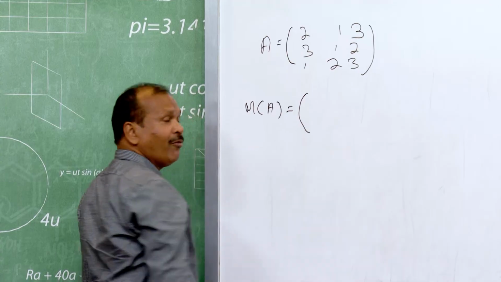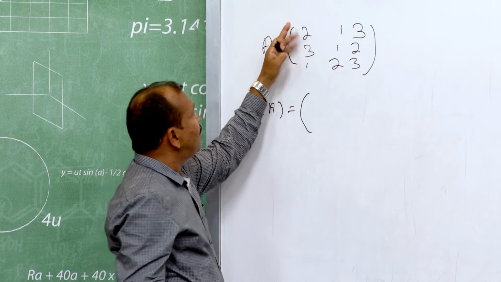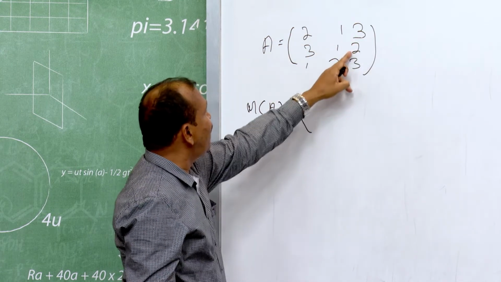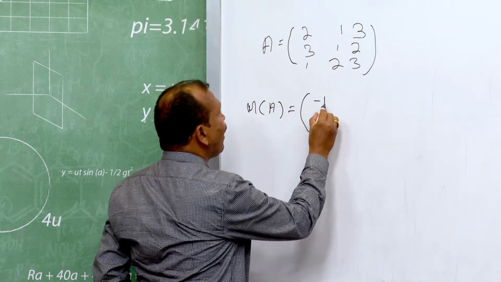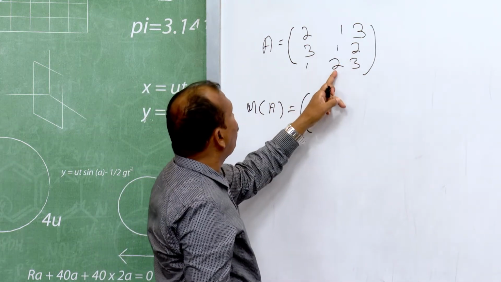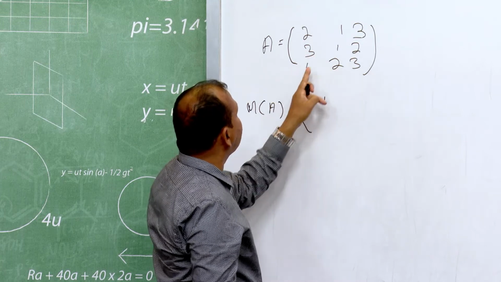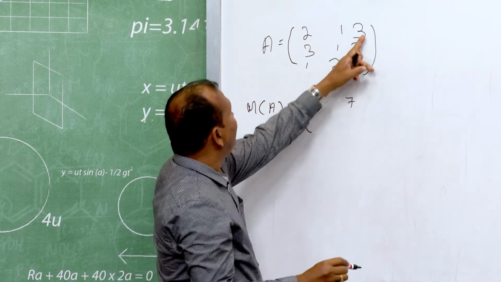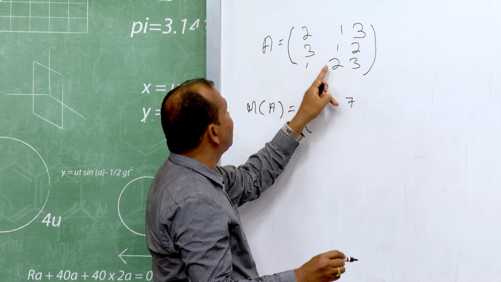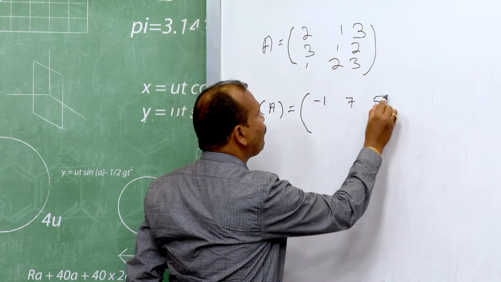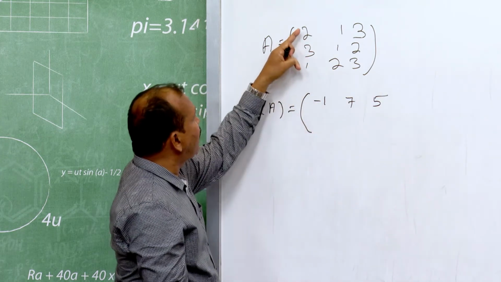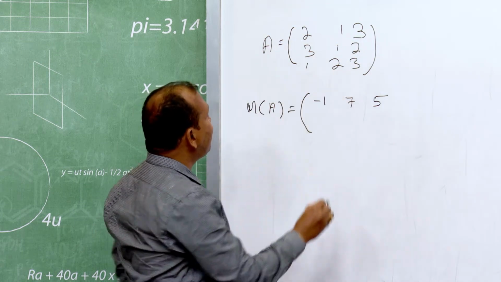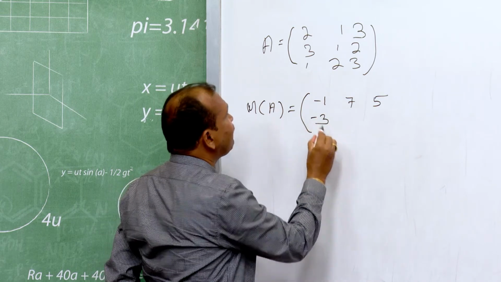Minor of 2: deleting this row and column, we have 3 minus 4, that becomes minus 1. Minor of 1 becomes 9 minus 2, that becomes 7. Minor of 3 becomes 6 minus 1, that becomes 5. Minor of the next 3, deleting this, is 3 minus 6, that becomes minus 3.